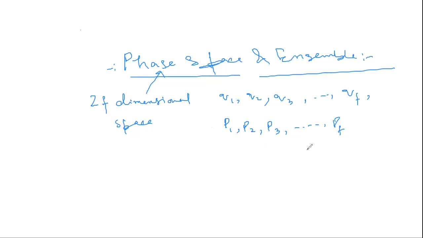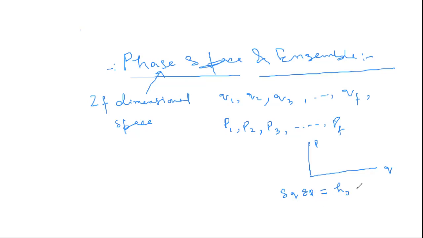When we talk of a particle moving in 1 dimension, our phase space is just 2-dimensional, one corresponding to the generalized coordinate Q and another P. Then we said we can divide this space into small cells, and the area of the cell, delta Q delta P, is equal to some constant h naught with units of angular momentum.